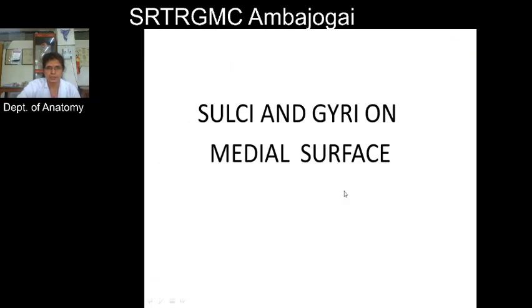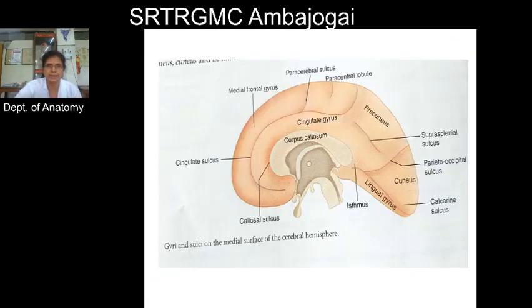Now we will see the sulci and gyri on the medial surface. On this medial surface, the most prominent feature is the corpus callosum, which is separated from the medial surface by the callosal sulcus. Then there is another sulcus which runs parallel with the convexity of the corpus callosum, called the cingulate sulcus.